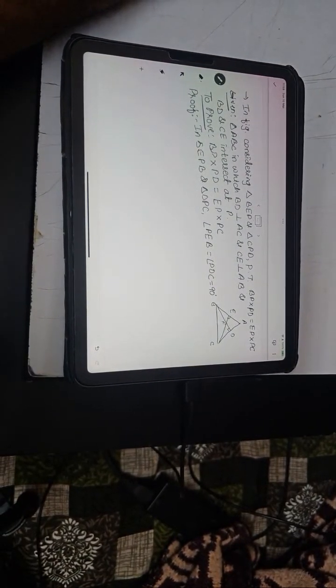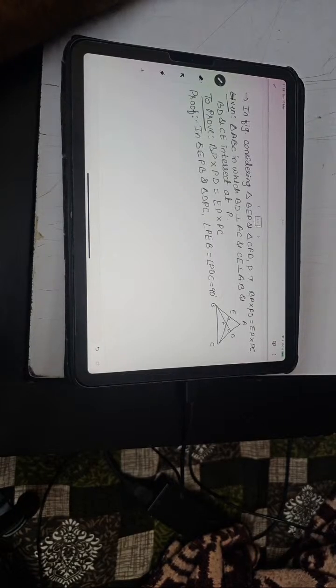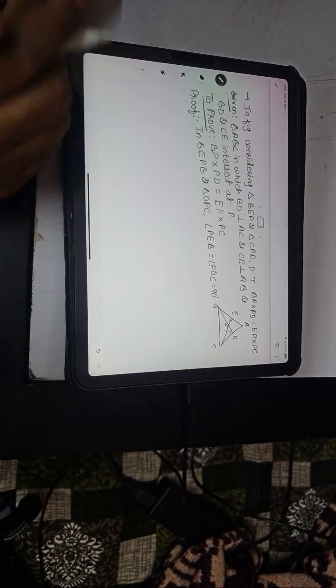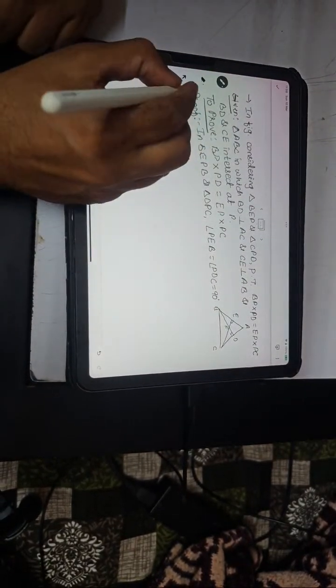Clear? Both are 90. Yes, it is there in the half yearly paper also, and it is a textbook sum. So that is asked every time, that's why I have taken that.